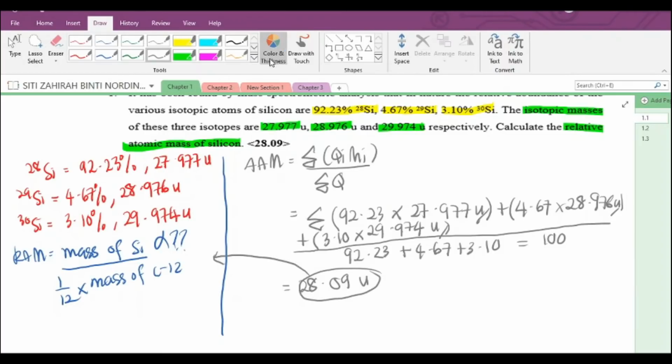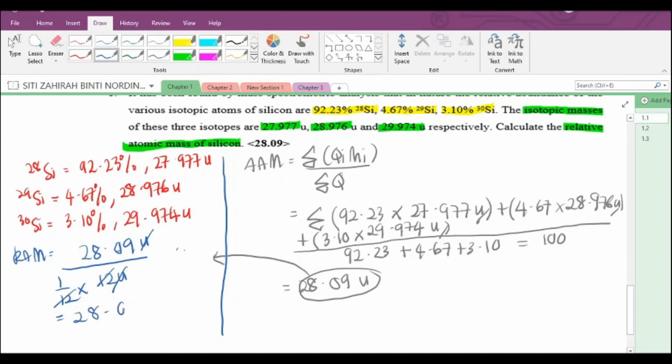The mass of silicon isotopes would be 28.09 U, and the mass for carbon 12 would be 12 U. Just cancel the U together and this 12, so the final answer would be 28.09 only.